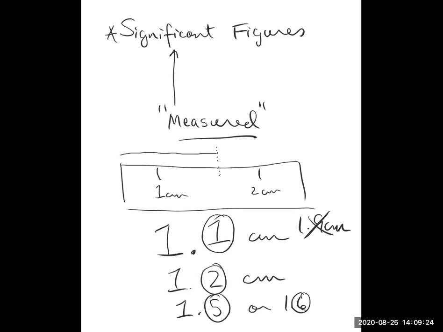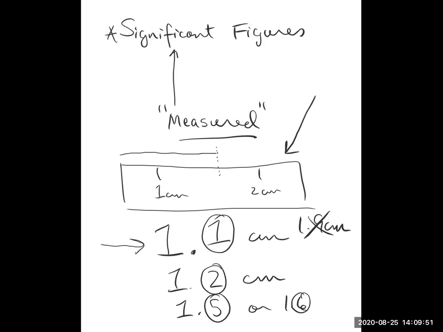And all of those numbers together are called the significant figures or significant digits. So when you report a measurement with 2 significant figures, it tells the person reading your report that the ruler looked like that, and that's as accurate as it could be. So that's the meaning of significant figures.